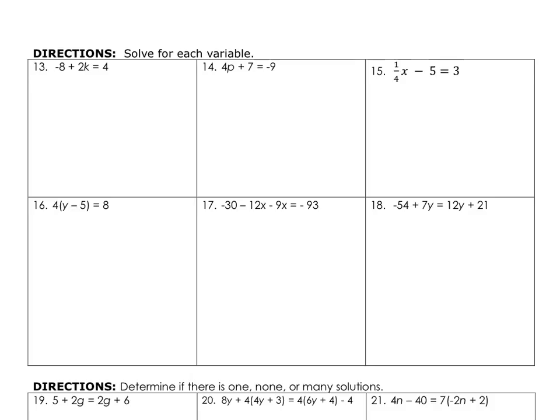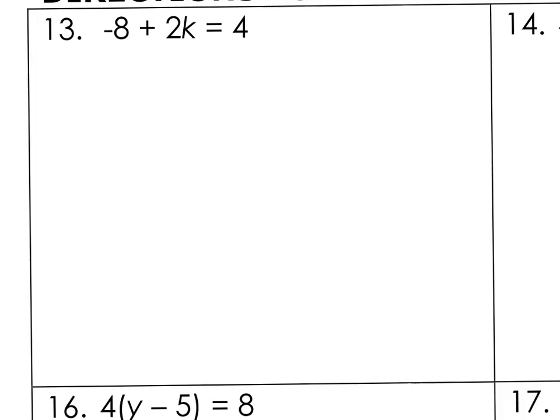And now we're going to solve for each variable. Let's start with number 13. I am going to drop a line down to separate the different sides of the equation. Whole goal is to get k by itself. I'm going to add 8 to both sides because the negative 8 is not directly connected to 2 or k.